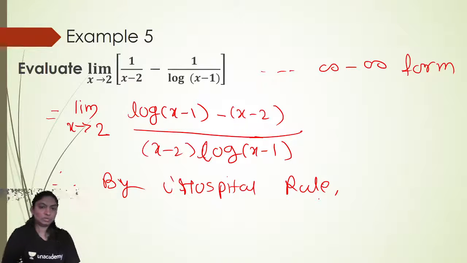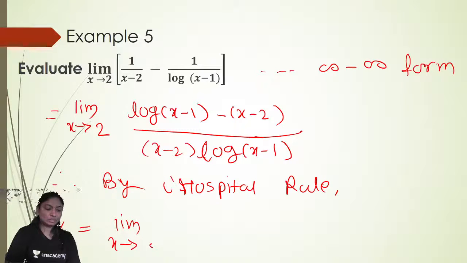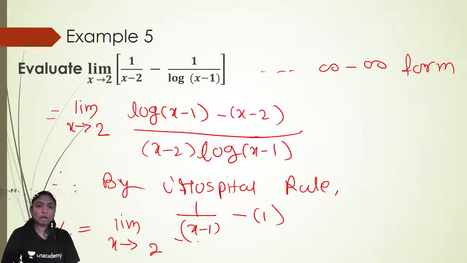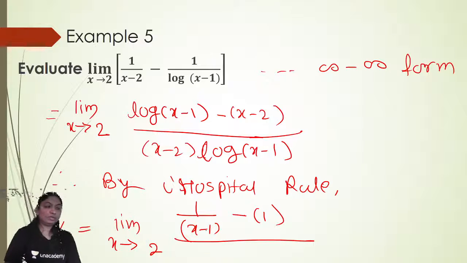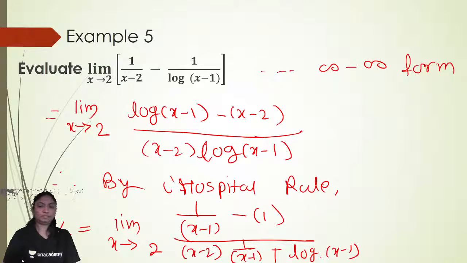Therefore, by L'Hospital's rule, we get the limit as x tends to 2 of 1 upon x minus 1 minus 1, upon x minus 2 into 1 upon x minus 1 plus log of x minus 1, using the u into v rule. Now put the limit as x tends to 2.